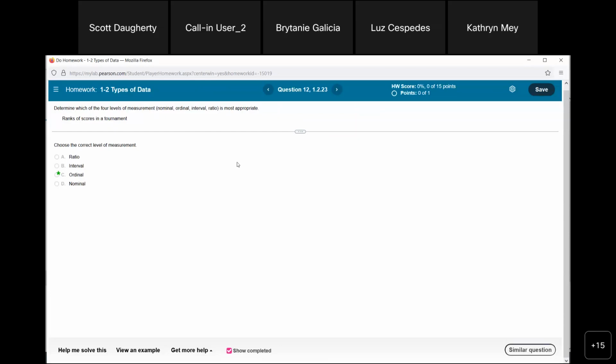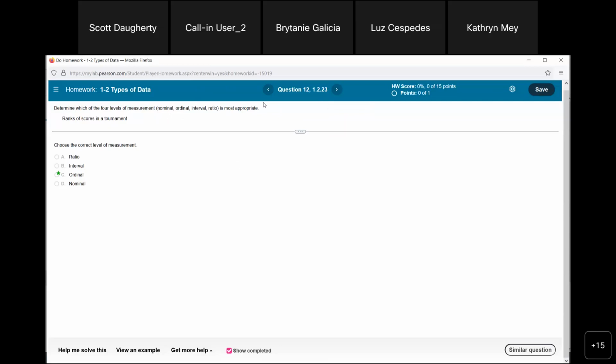So when you rank them, you're taking your categories and putting an order to them. And that's when it becomes ordinal data. So again, we're going to add a condition every single time. Nominal is simply categories. Ordinal is categories that have a meaningful order to them.